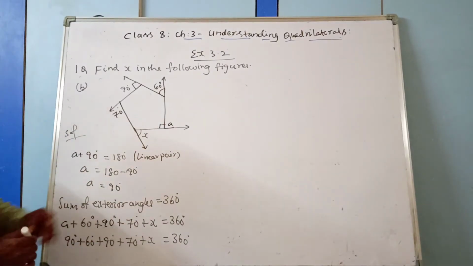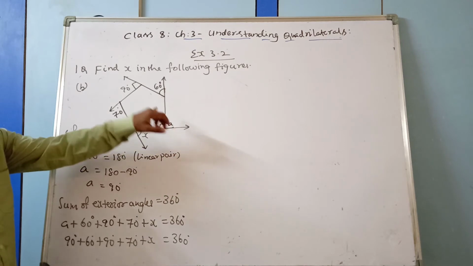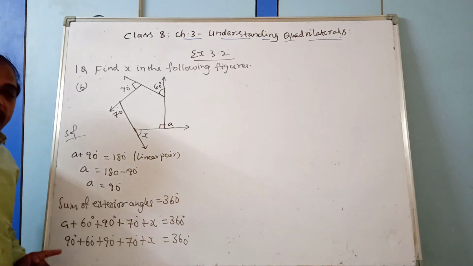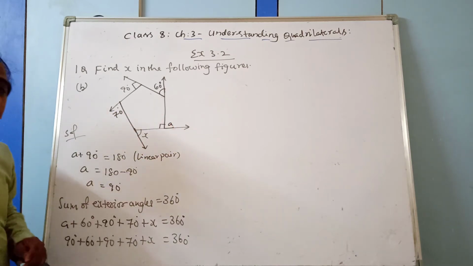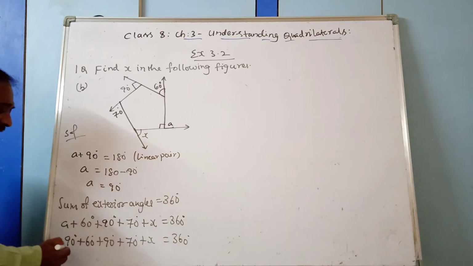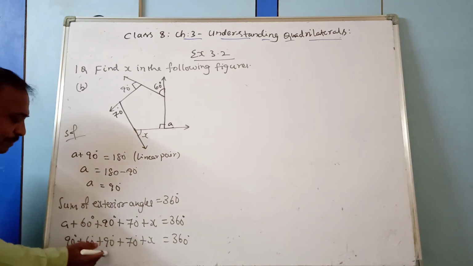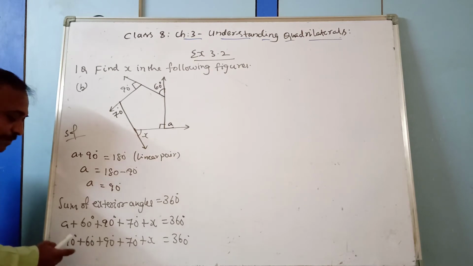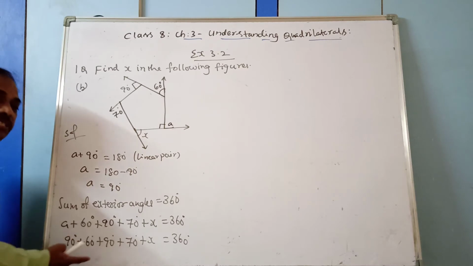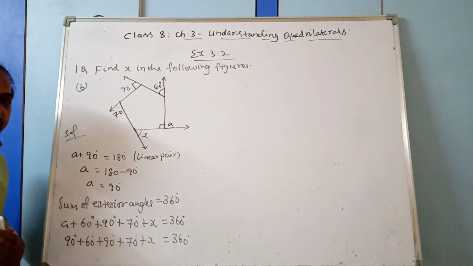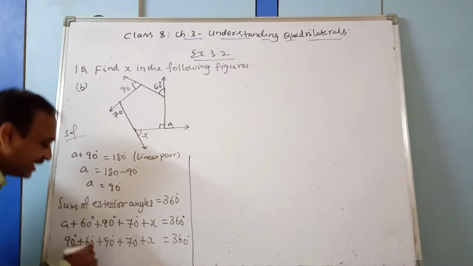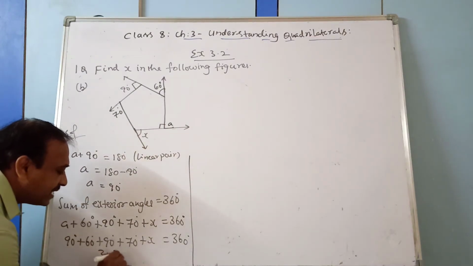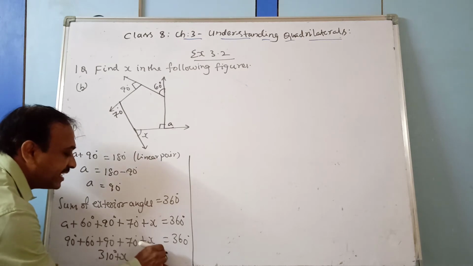In the question he did not mention that you assume A, but we are assuming it for our convenience. How to find this measure? By using the linear pair concept. And now 90 plus 90 is 180, 180 plus 60 is 240, 240 plus 70 is 310. So 310 degrees plus x is equal to 360 degrees.